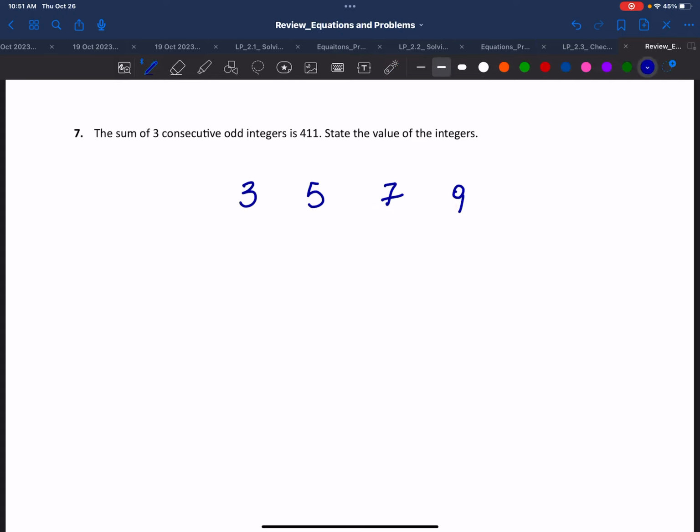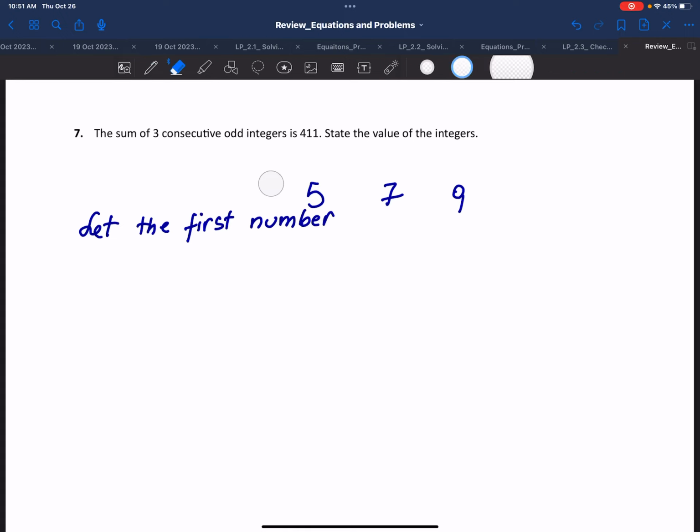So in this case, we're going to say that if the first number is represented by the variable x, or in other words, let the first number be x. So we're not going to need these anymore, so let's move this up here.